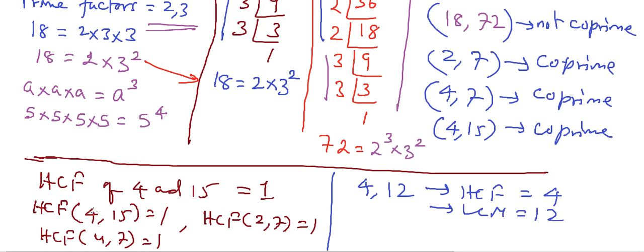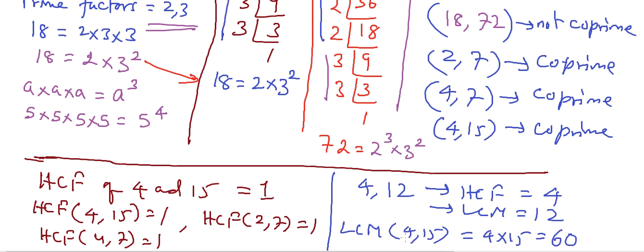In the case of co-prime numbers, take any of these: 4 and 15, 2 and 7, or 4 and 7. For example, LCM of 4 and 15. With co-prime numbers, LCM will be the product of the two numbers. So LCM is equal to 4 into 15, which is 60.